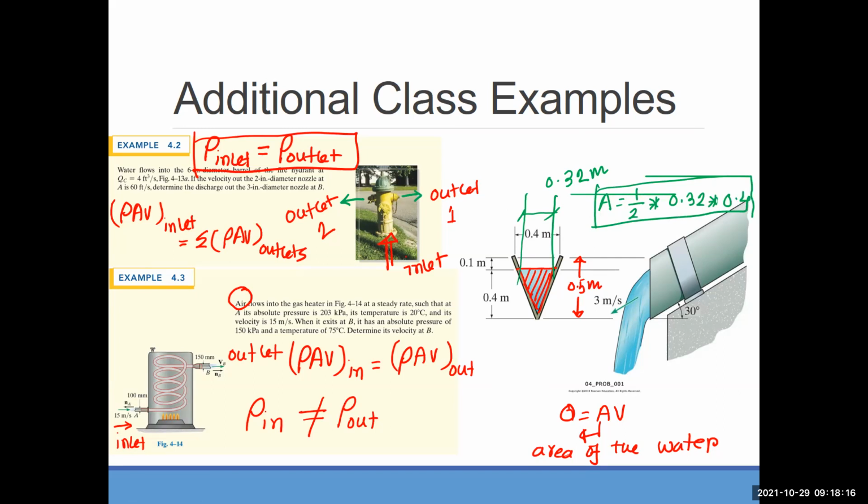Other than that, everything is same as what we did for class example 12A. Okay. So other than that, I don't think you will see any other variation of mass conservation principle. It should be within these types of problems. Okay. Now you are fully ready for your homework 7.